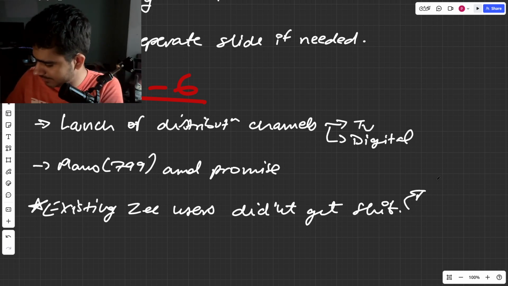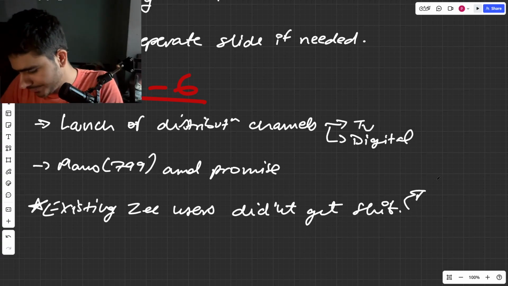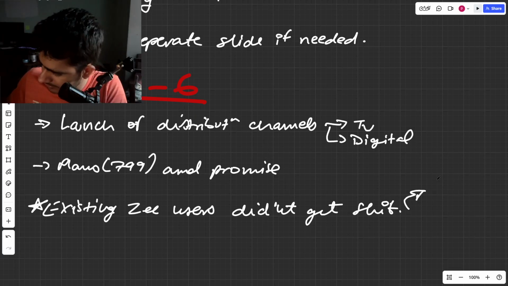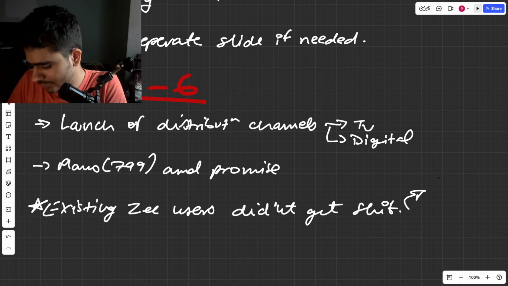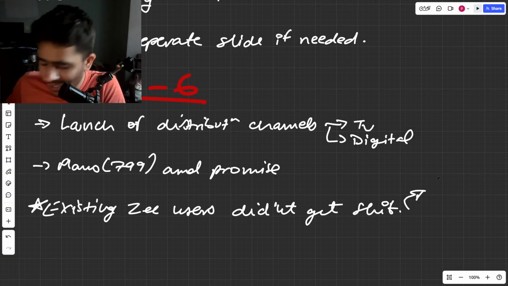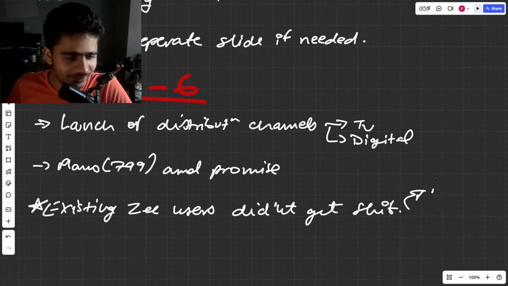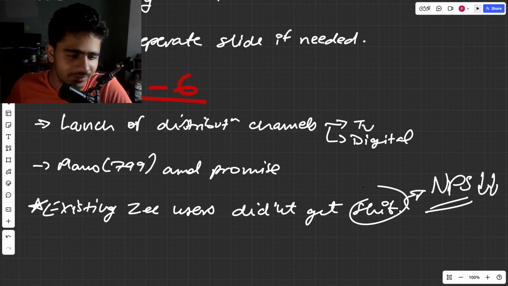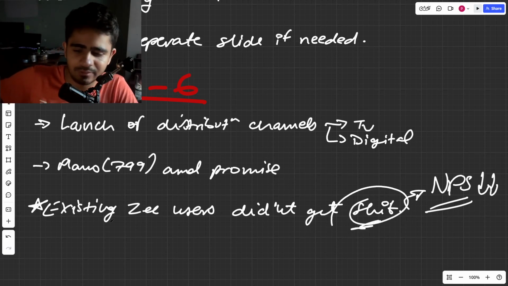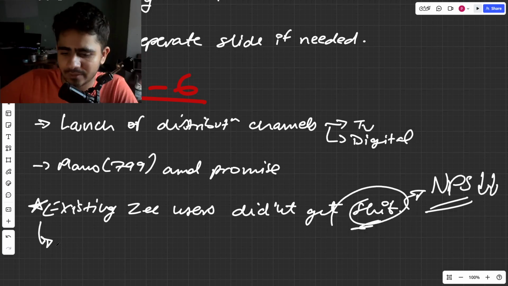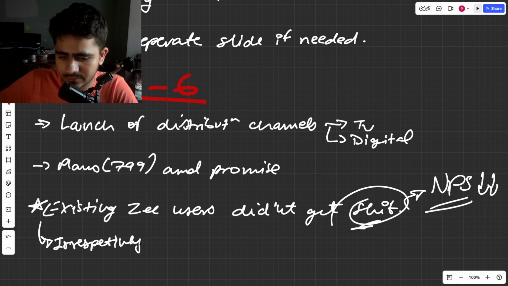Give me one second. The term is... just one more second. I have it. NPS, net promoter score, going on horribly. This is not the first instance, but yeah, everyone has to buy, irrespectively, buy the FIFA pack. Buy a FIFA pack.